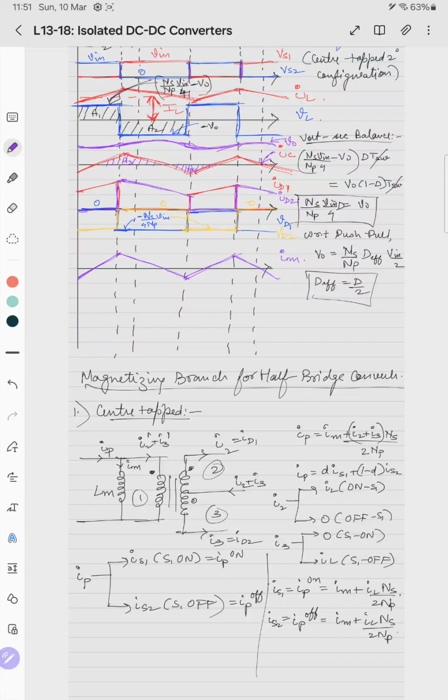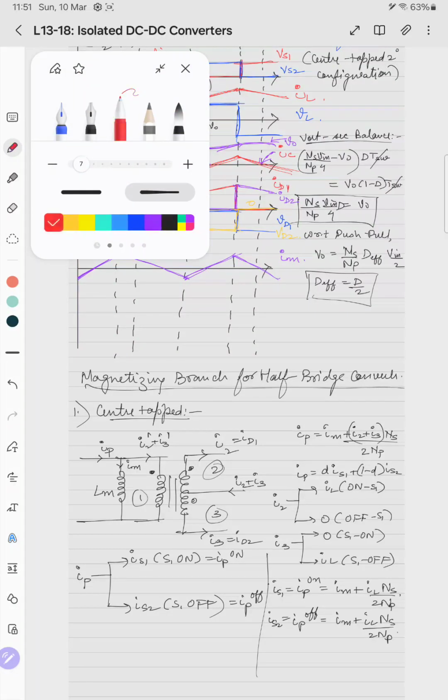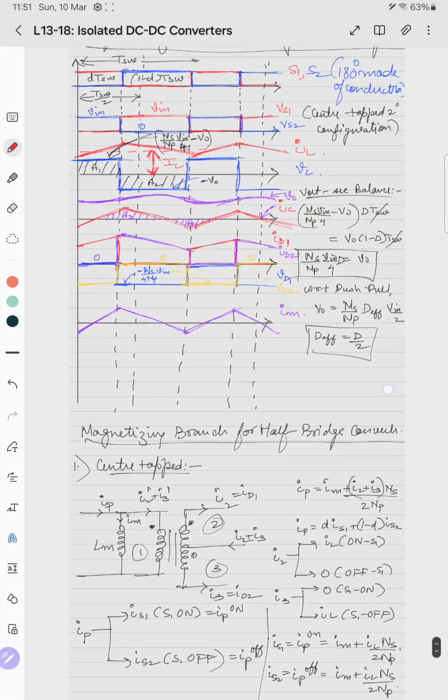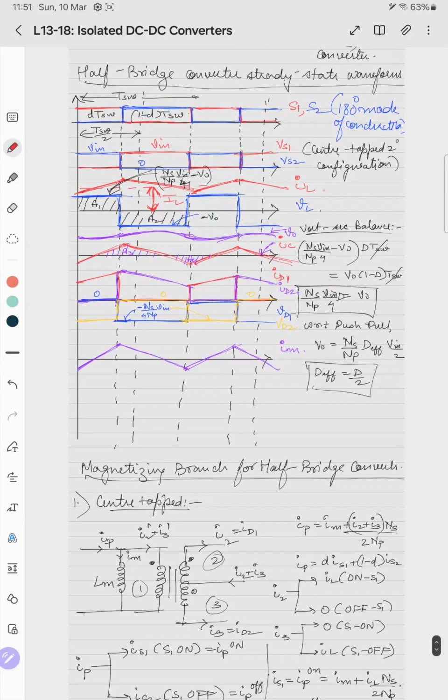Now we can easily draw IS1 and IS2. First is IS1. IS1 is Im plus IL, so it is like this slope, or this slope.